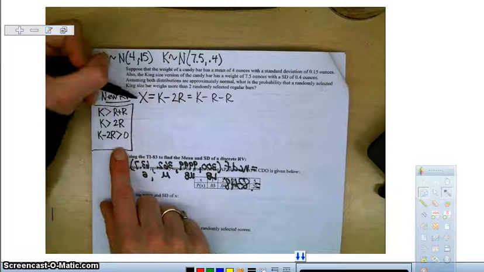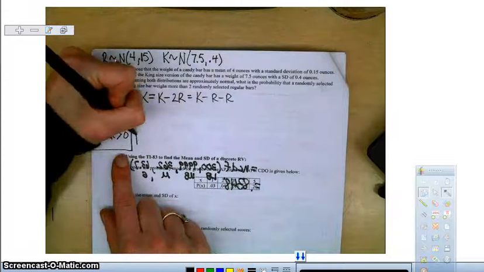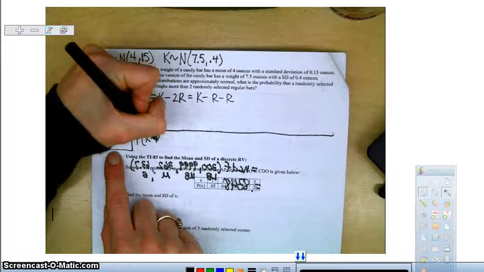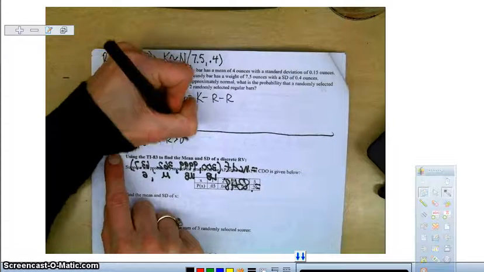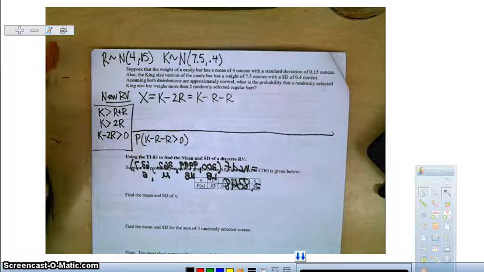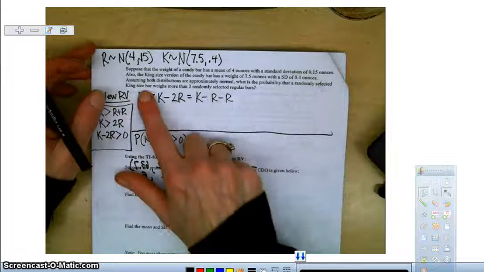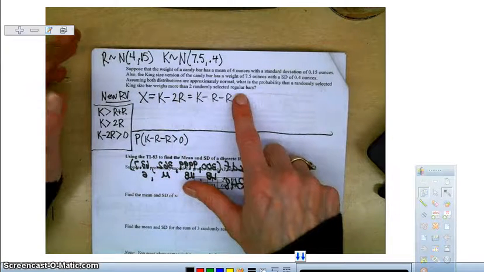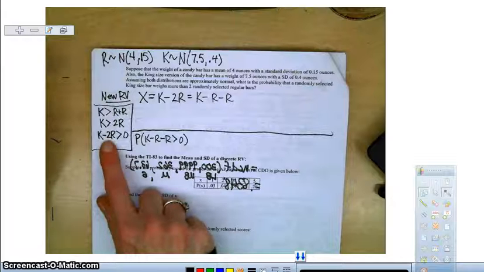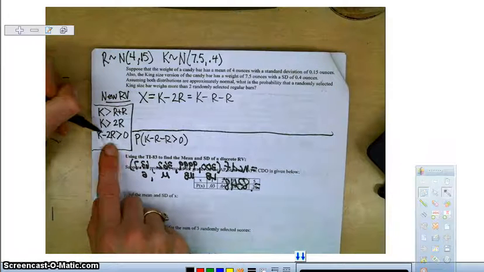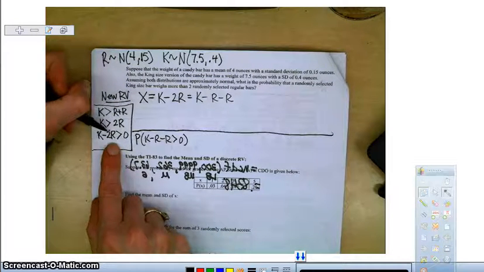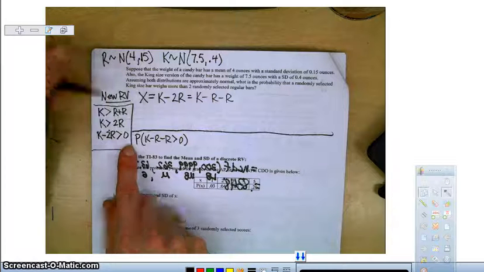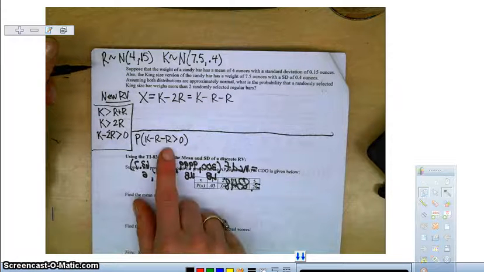After we define this new variable, we're going to find the probability that k minus r is greater than 0. If a king size bar weighs more than two regular bars, wouldn't this difference be positive? Yes. Does that make sense, how that probability is what we're looking for?